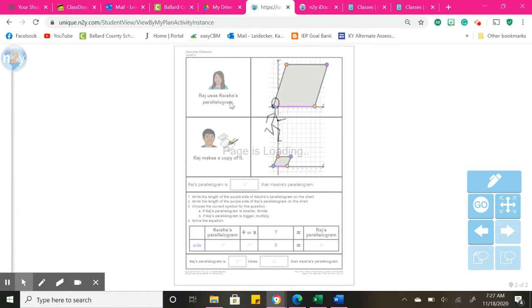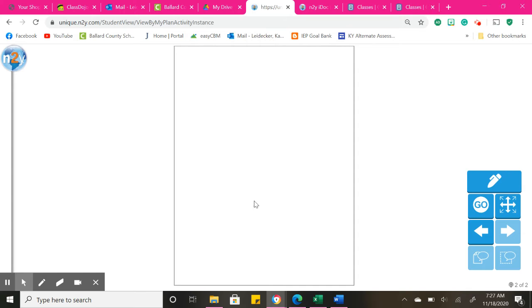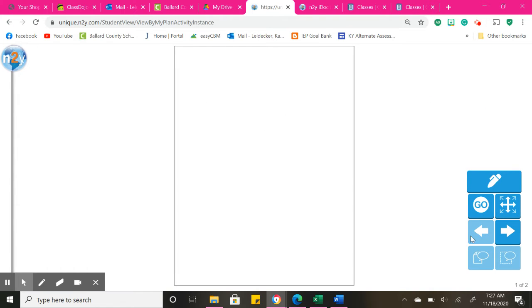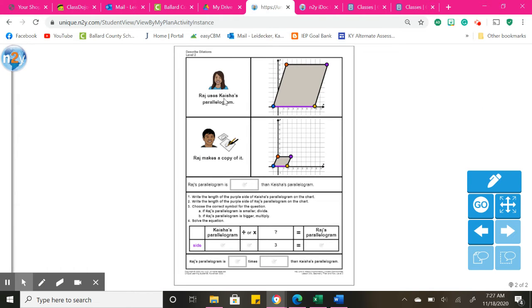Again, here's your notes. I always would go back to this. Maybe you want to take a picture on your cell phone and keep that, or even take notes on some paper, and you'll be able to have that handy to answer these questions for the types of transformations. So it says Rashad is using Kesha's parallelogram. So here is her parallelogram, and Rashad makes a copy of it.